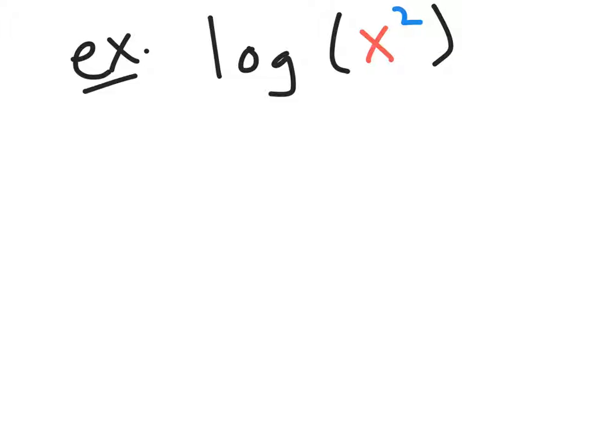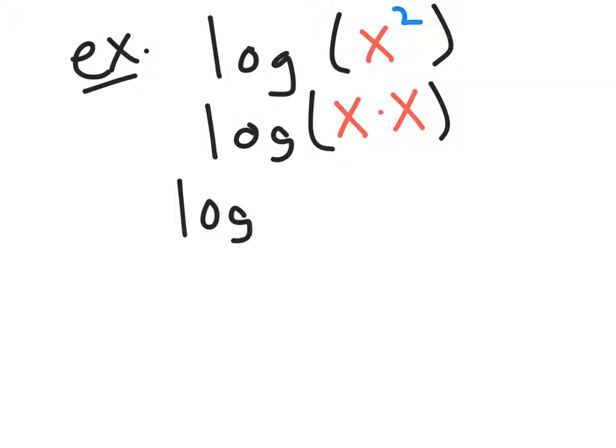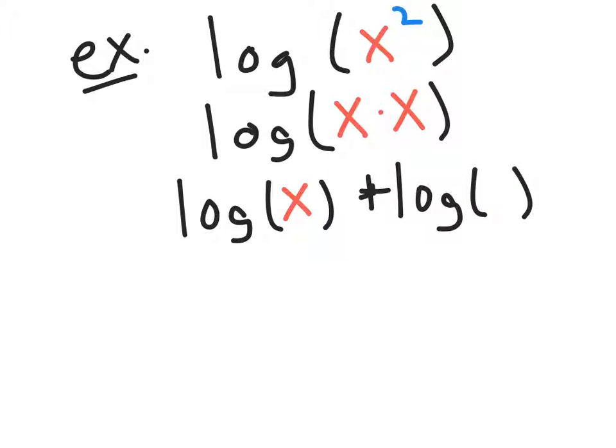The last topic that I'd like to talk about is how you actually handle an exponent. In this situation, you'll notice that I have a log of x squared, but really a log of x squared could be written as the log of x times x. In other words, this actually ends up becoming a product. If you have a product, just like we talked about with our first example, we can write the product as a sum. In other words, the log of x times x becomes the log of x plus the log of x.